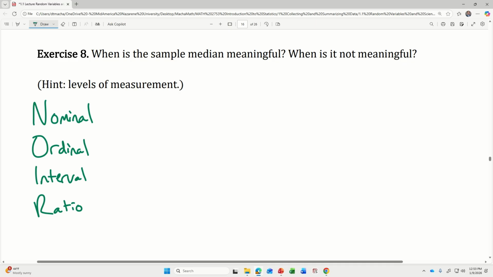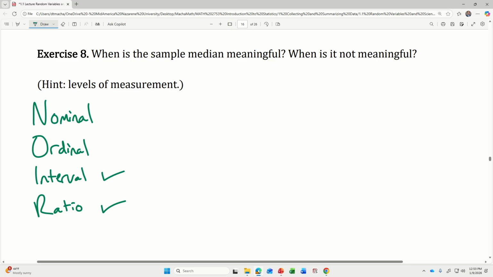If I have a ratio level of measurement, like the number of minutes you spend exercising per week, would it make sense to ask about the middle outcome from a sample? Yeah, I could order everyone's minutes of exercise and find the middle outcome. What if I have an interval level of measurement, like the temperature in degrees Fahrenheit outside? Would it make sense to ask about the median? Yeah, you could find a median temperature from a bunch of temperature measurements.